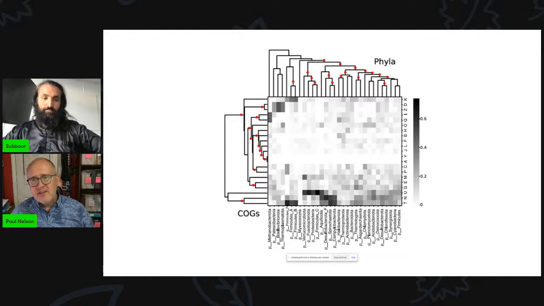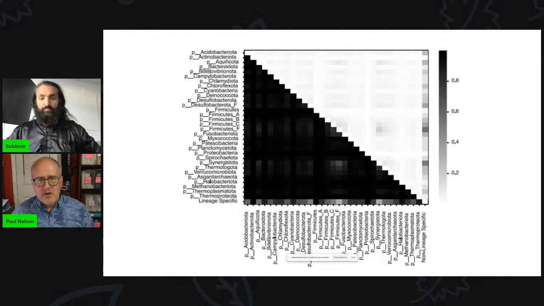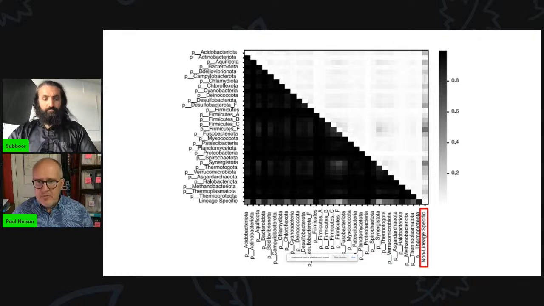Another way of visualizing the same data is this figure, also from the paper by Watson and Baptiste and Lopez. All right, so again, we have a heat map here. And what this shows you is that the shared genes, what they call non-lineage specific, are relatively light colored along this spectrum here, from the darkest portion to the lightest portion.